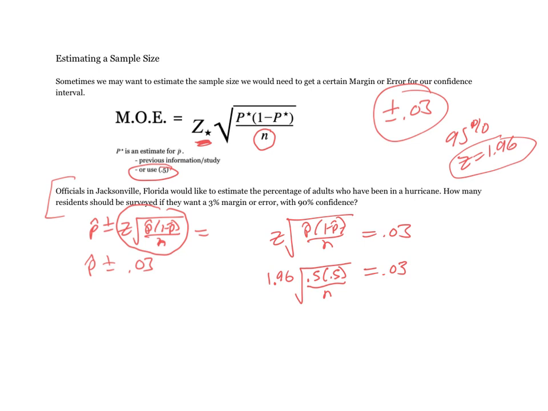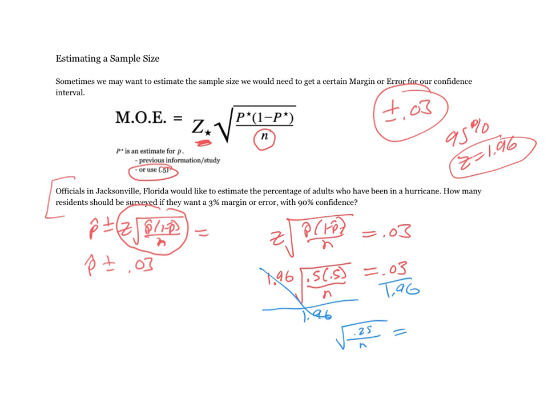The way we would do that is we would first divide both sides by 1.96, which would leave me with, and I'm going to multiply the 0.5 and the 0.5 together, that's 0.25.